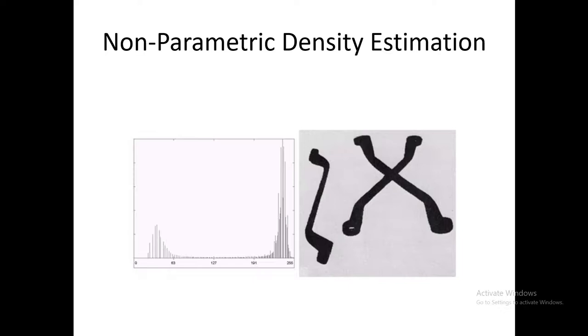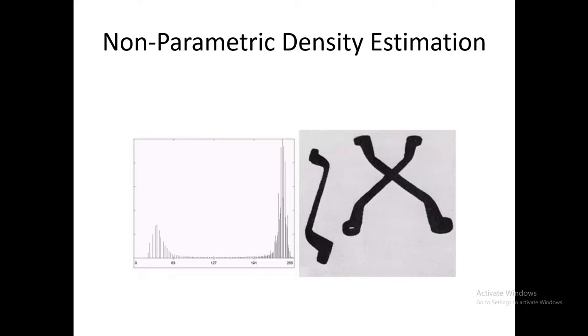We can get the distribution as a histogram. We will have 256 bins from 0 to 255, and every bin contains the number of pixels in the 32 by 32 image that have that value: the number of pixels with value 0, then 1, and 2, and so on. If we put these numbers together, that becomes a histogram.